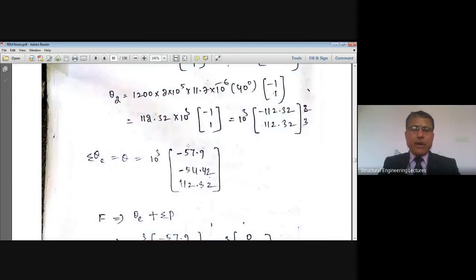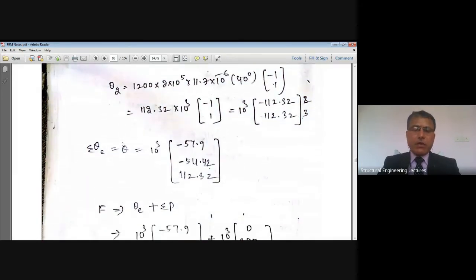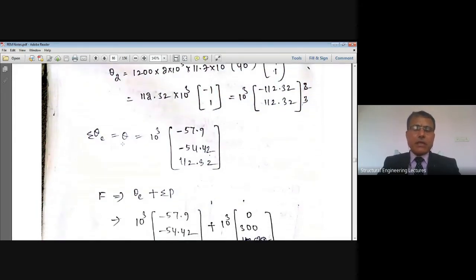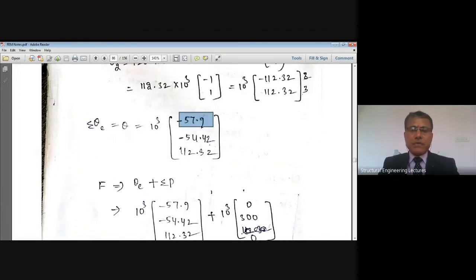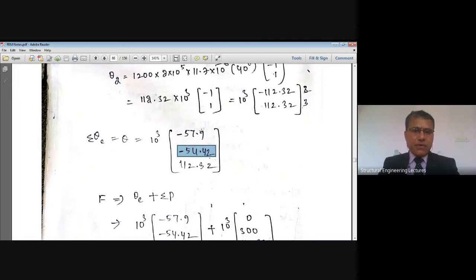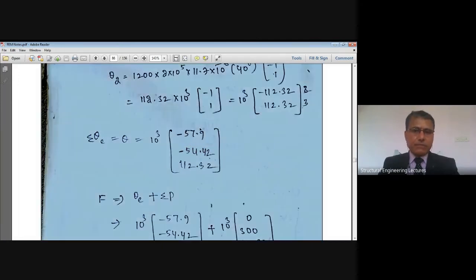Then I'll formulate the final temperature load for the 1D continuum, which has two elements, so there is a summation over all such elements. Theta along the first degree of freedom is minus 57.9, and along the second degree of freedom it is plus 57.9 from the first element.